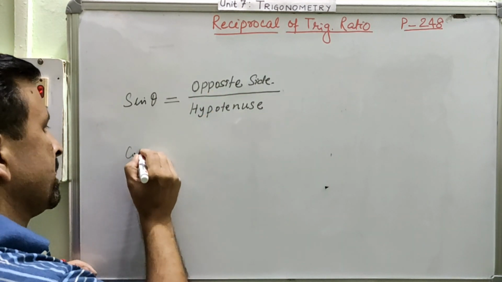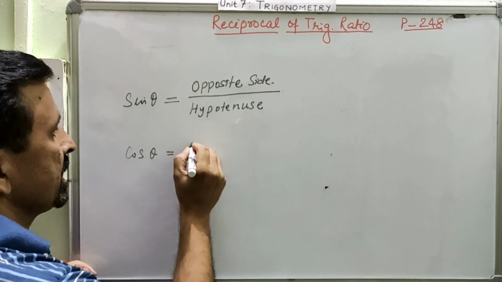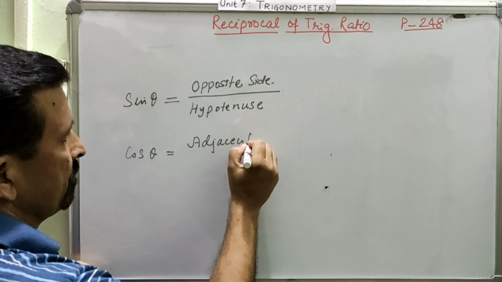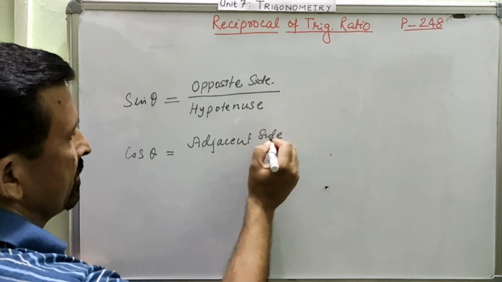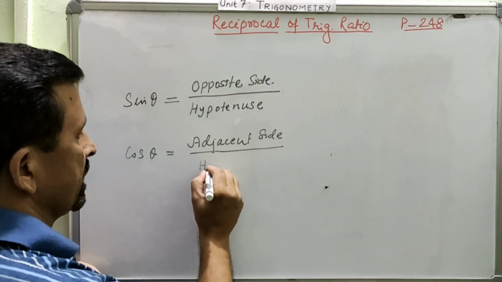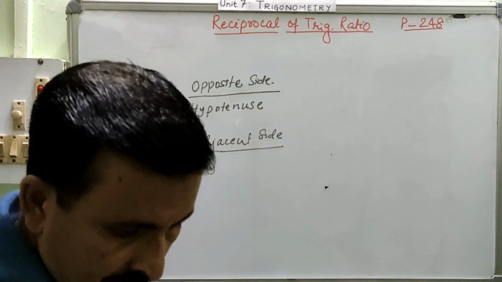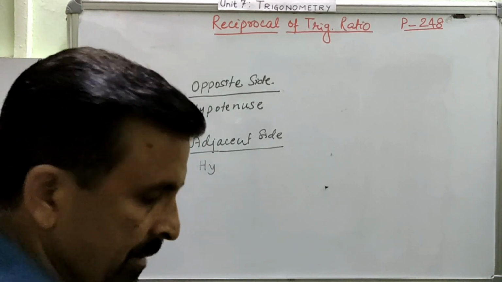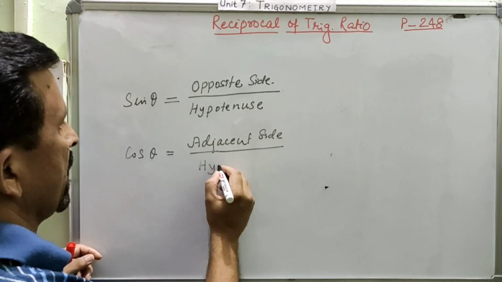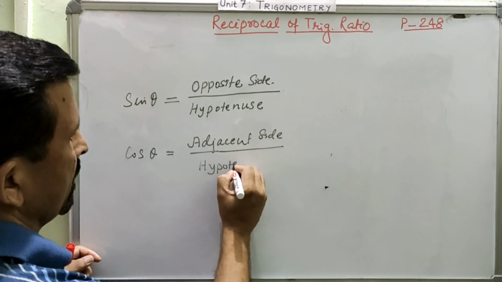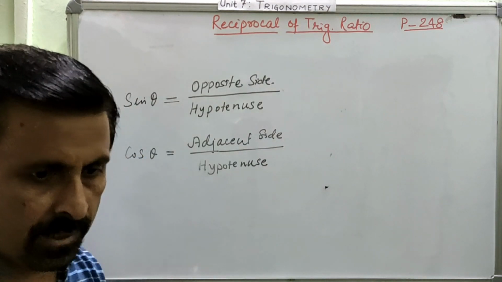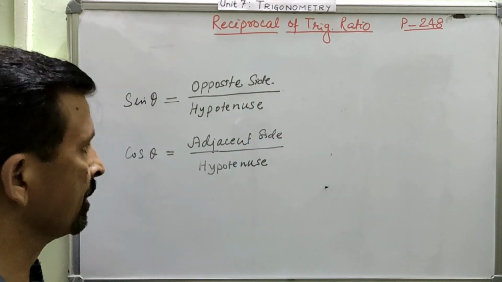Likewise, cos theta, we know it is adjacent side divided by hypotenuse. Is it okay? Divided by hypotenuse.